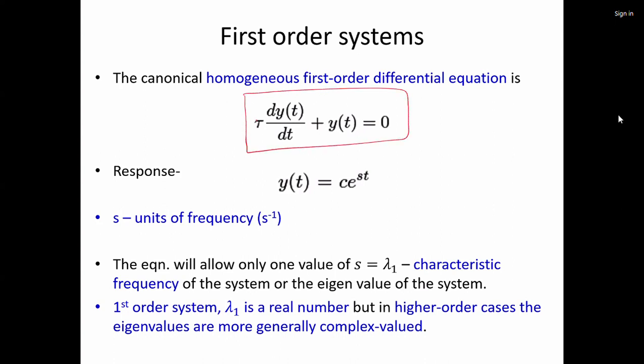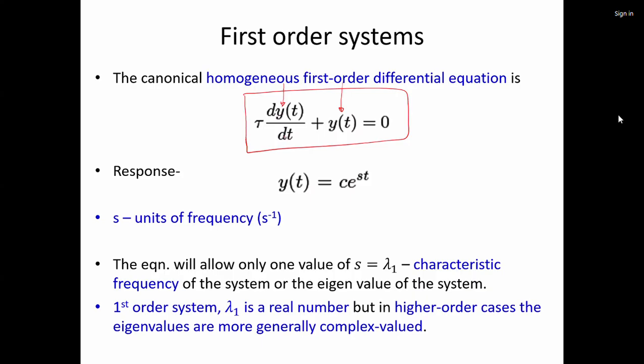Here you have tau dy over dt. This is the rate of change of y with respect to time. Here y is a function of time, plus y as a function of time is 0. This y can be anything. In the case of a thermocouple, it is temperature, how temperature changes with time.